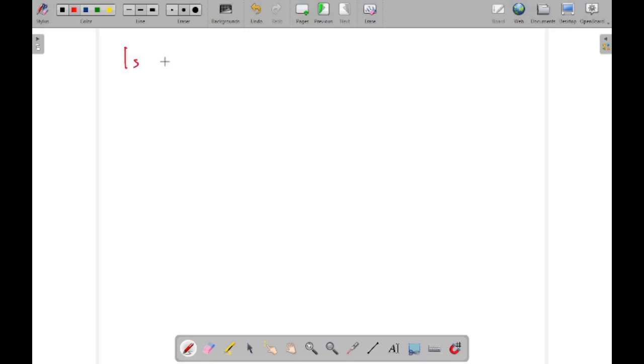Our question is: is set 10 star a group with respect to multiplication modulo 10?